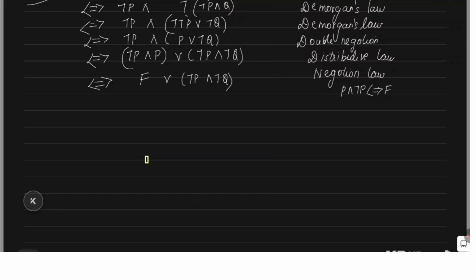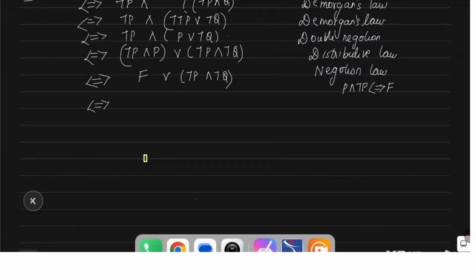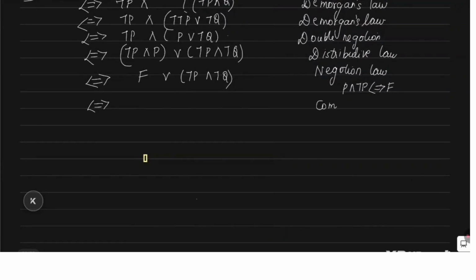Next we are going to use the commutative law. Commutative law says A into B you write as B into A. So here we are just going to write it as (not P and not Q) or F.